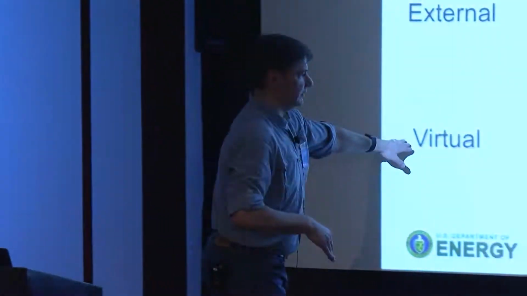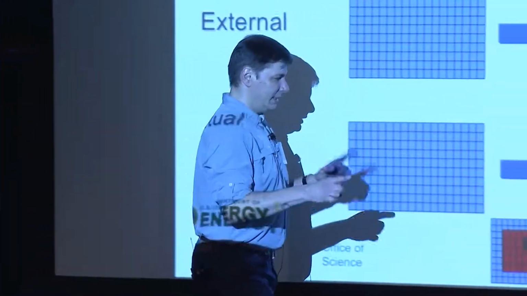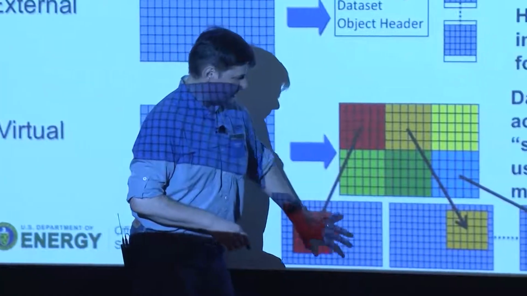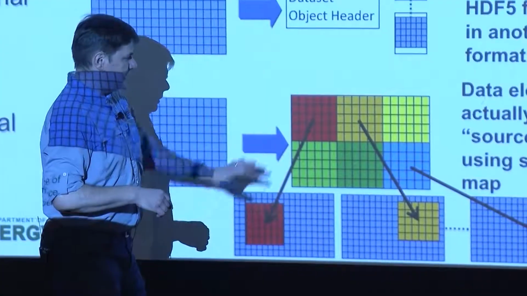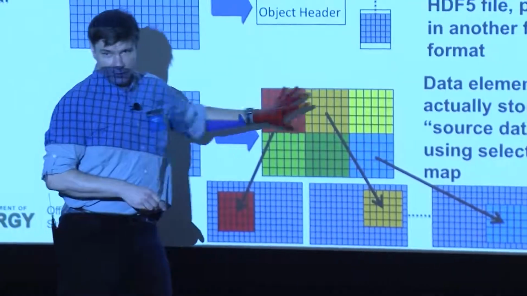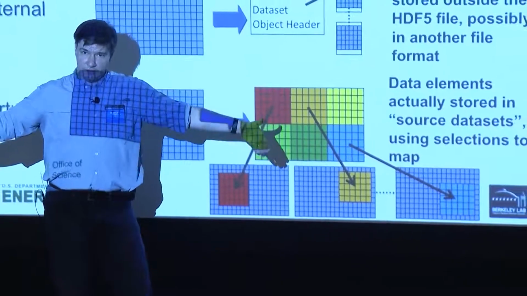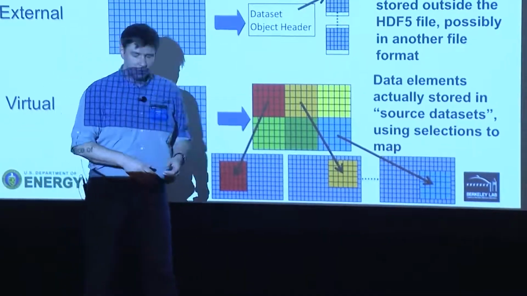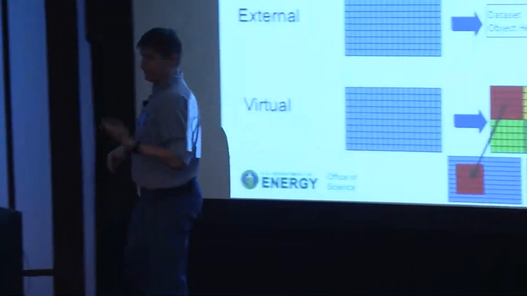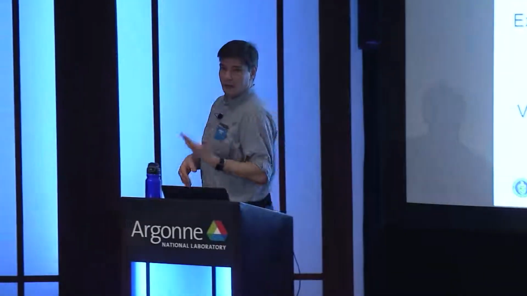In a kind of similar way, virtual data sets are a way of saying, hey, I've got this data set in another HDF5 file, and I want to compose them together in a way that looks like one big HDF5 data set. This comes up a couple times for light sources and other X-ray source scenarios. They've got cameras, or effectively cameras, right?